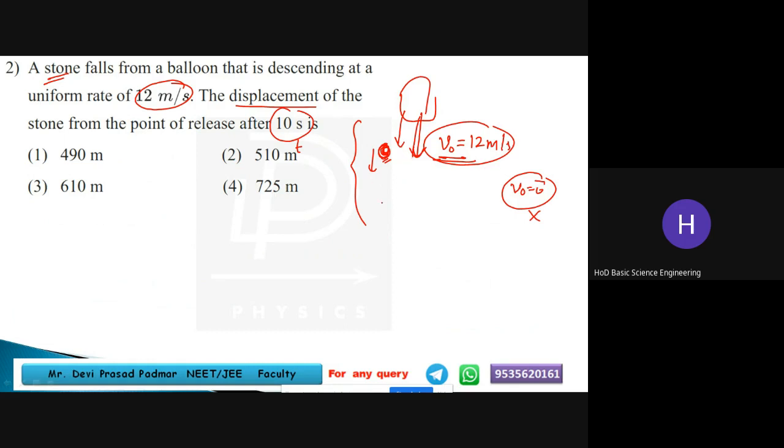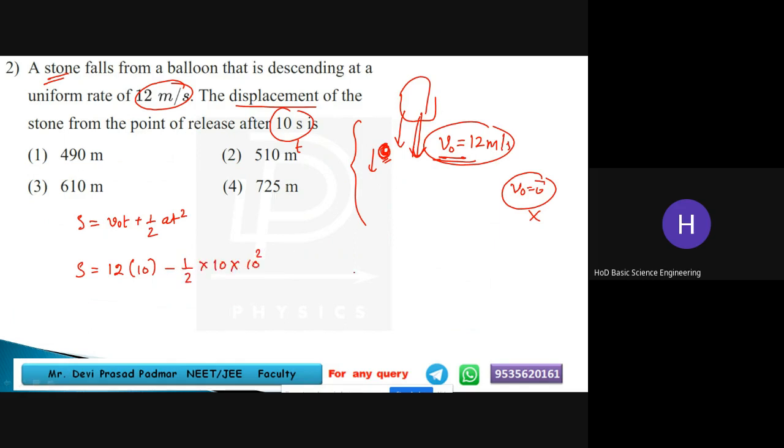Now you have to calculate the displacement. The general equation is x equal to v naught t plus half a t square, right? So we can write s is equal to v naught t plus half a t square, or half g t square. Just substitute the values. So s is equal to v naught, which as I said is 12, and time is 10 seconds, plus half into 10 into 10 square.